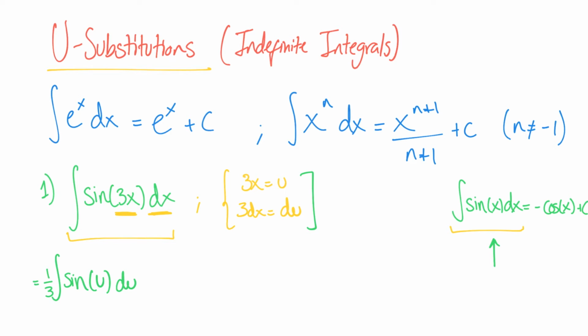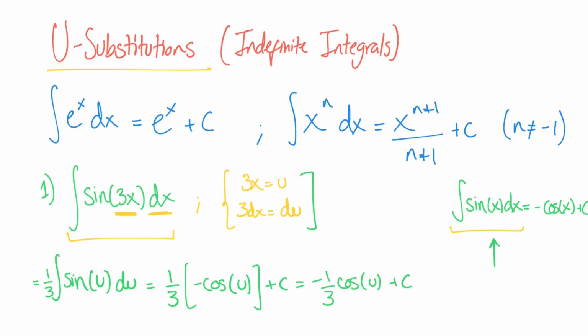I have sine of something, differential of something, okay? And right away, this is just going to be 1/3 of negative cosine of u plus c. So negative 1/3 cosine u plus c.